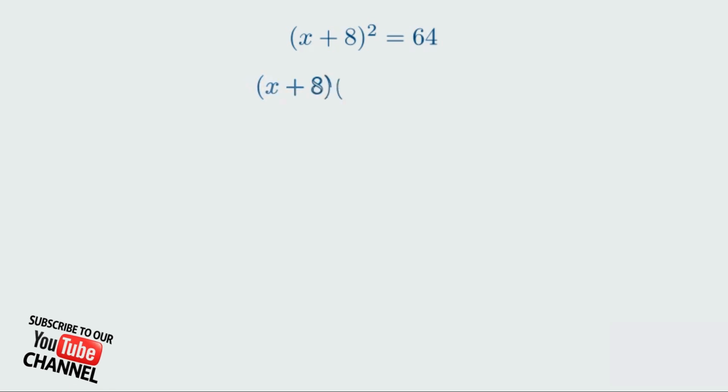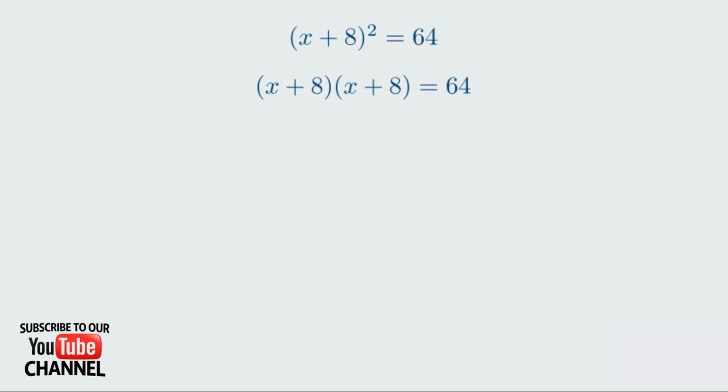Now let's explore a second method to build our algebraic skills. This time, we'll solve the equation by rewriting it as a quadratic equation and then using factoring. We start with the same equation: (x + 8)² = 64. Our first step is to expand the squared term. Remember that squaring something means multiplying it by itself. So, (x + 8)² is the same as (x + 8)(x + 8).